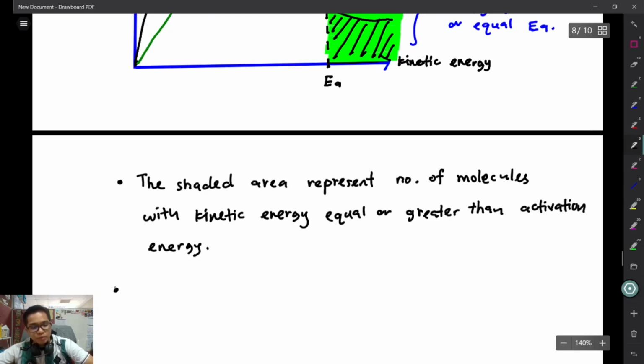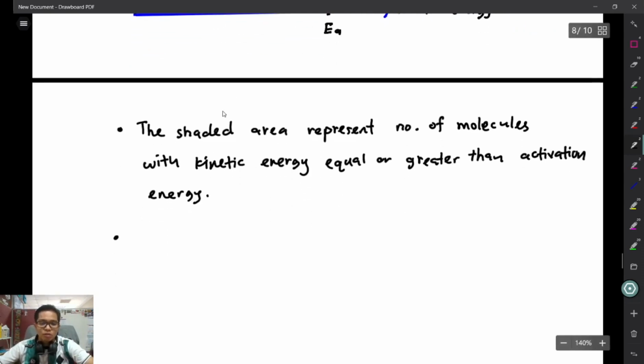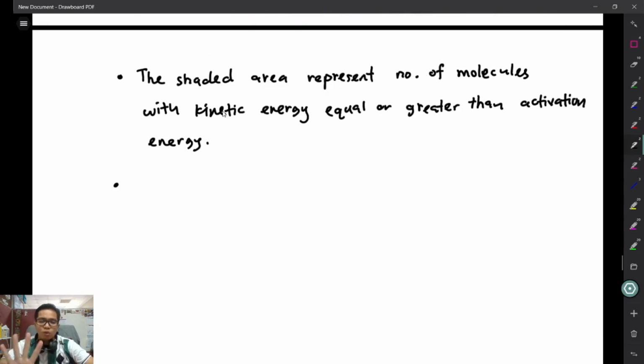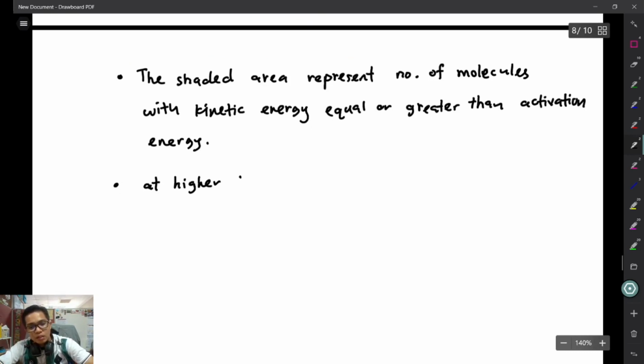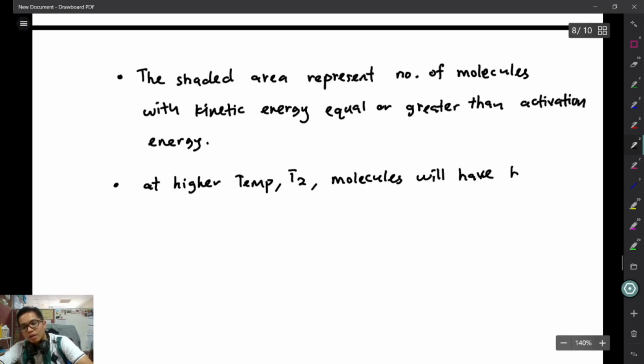Then the usual temperature explanation. This is not the notes, so I write what I remember. The notes have the complete version. At higher temperature, molecules will have higher kinetic energy.